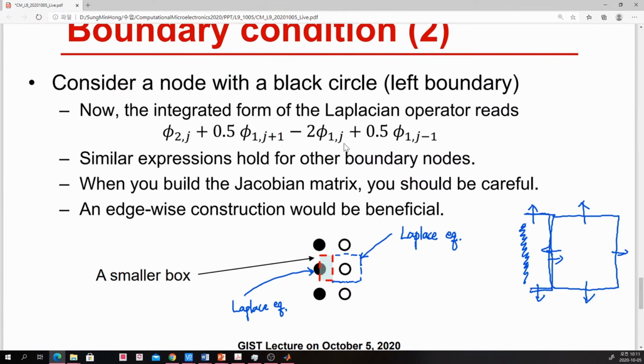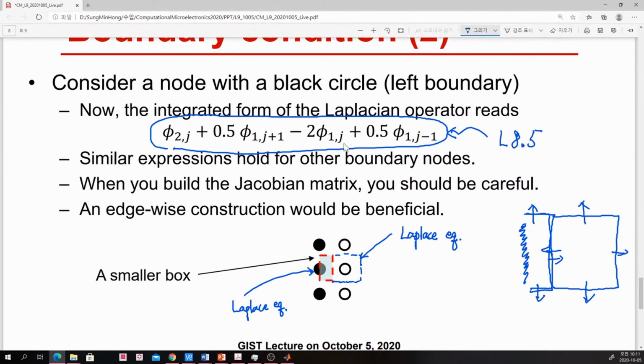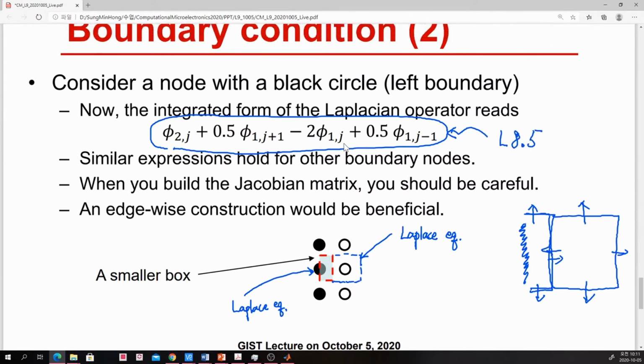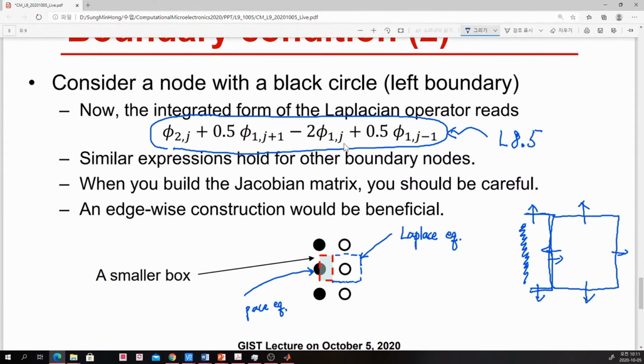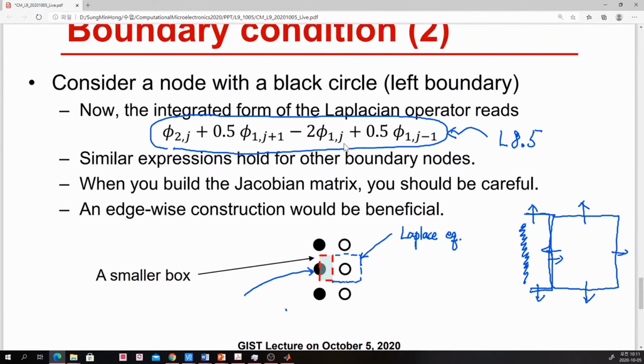Yes, so that's so simple. That is the point. So when you follow it, then you can find this relation. This is already well explained in our lecture 8.5. So if you cannot make it by yourself, please watch the video. Then you can immediately find the way to derive it.